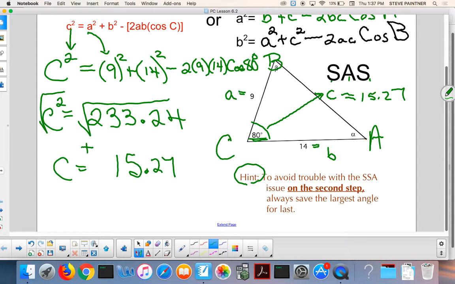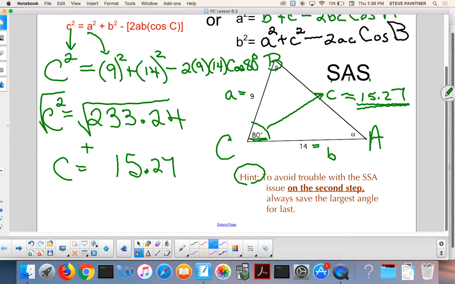To avoid the trouble, on the second step, which is finding the angles, always save the largest angle for what? Last. Well, the largest angle goes with the longest side. Well, we already know it. It's 80. So here's the deal. This tells us to save that one for last, but we already know it.